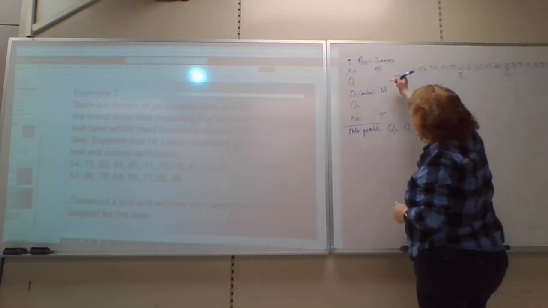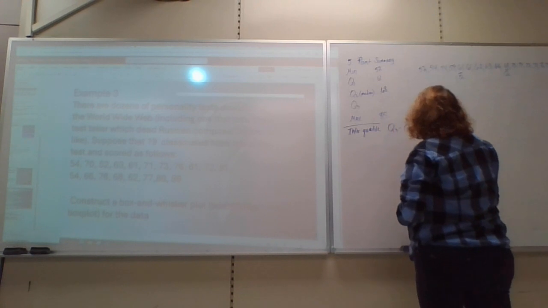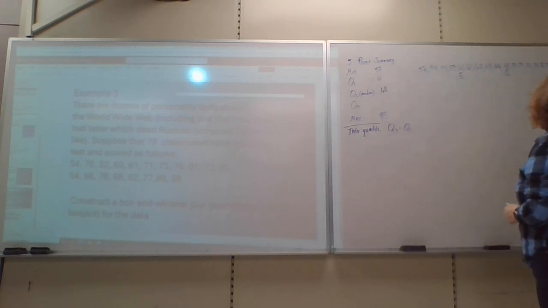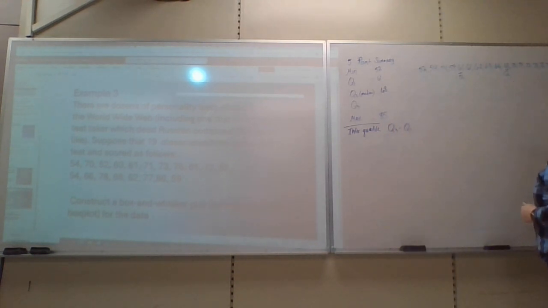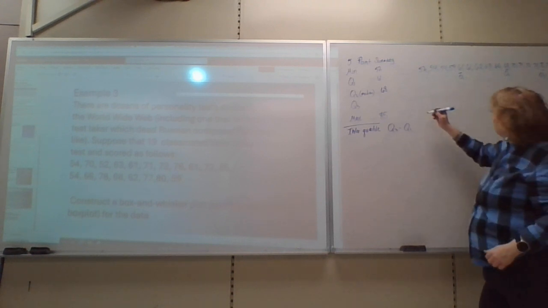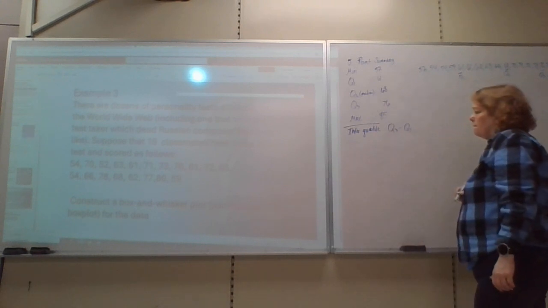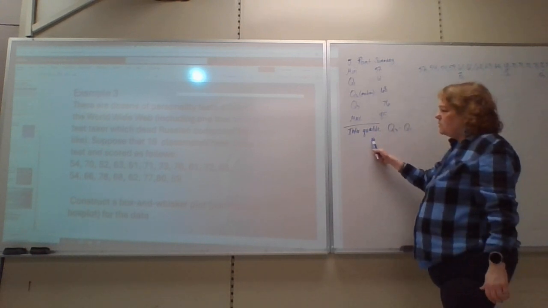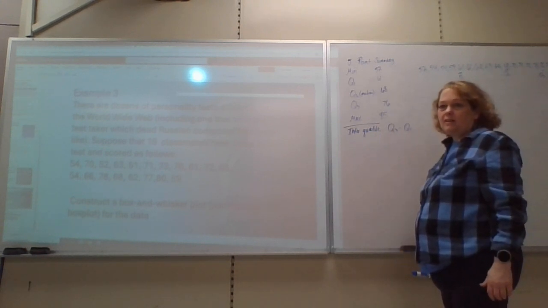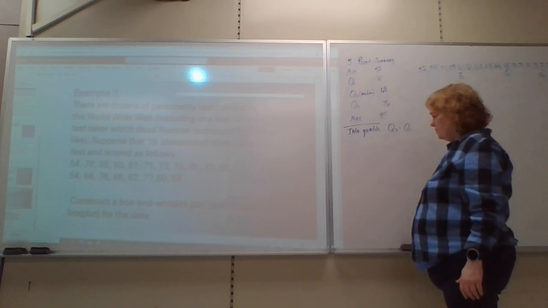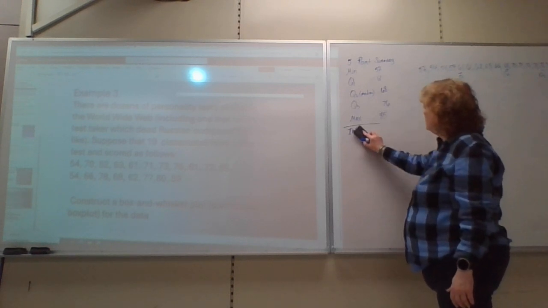Yep, 61 for Q1. And what is on this side? 76. Yep, 76. But you do not need this right here to do the box and whiskers, okay? That's for the other one. You do not have to.